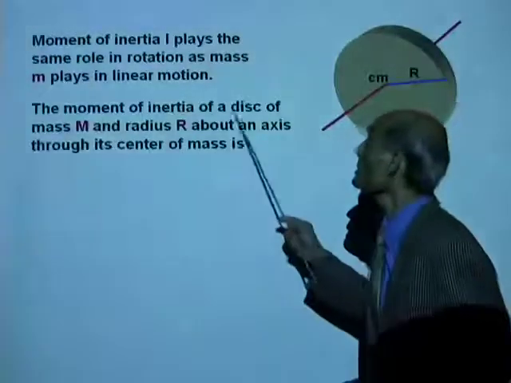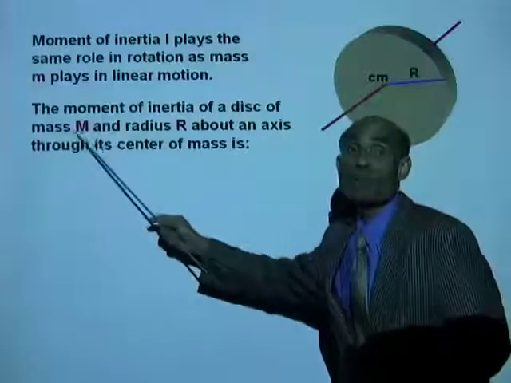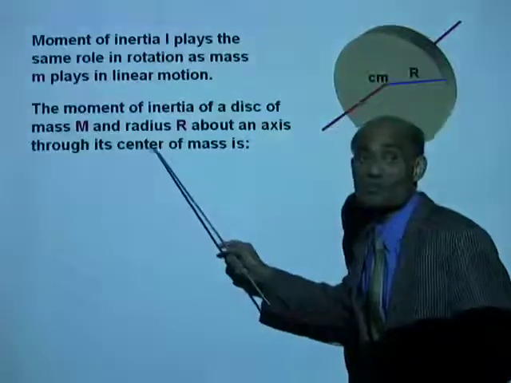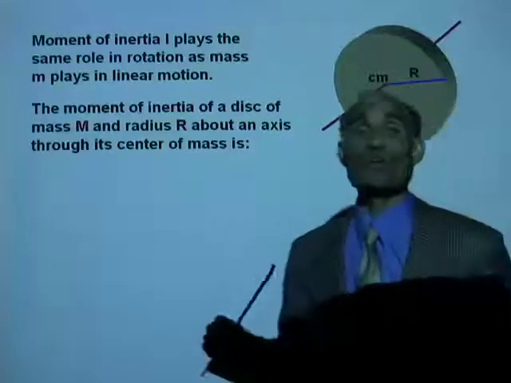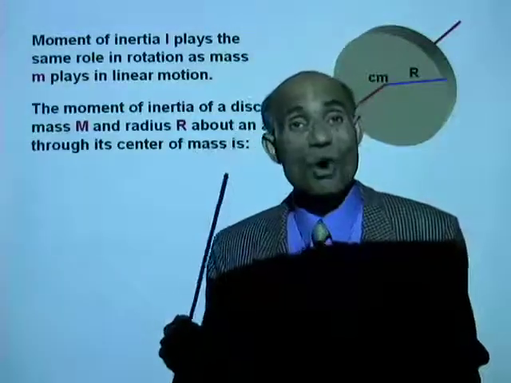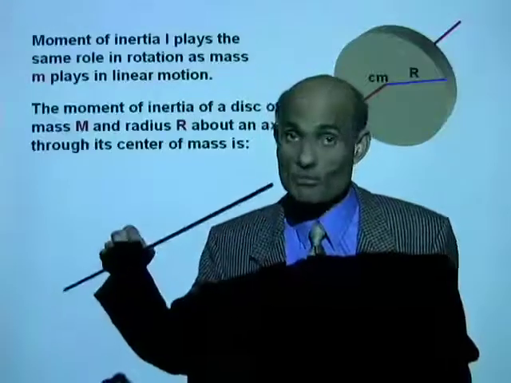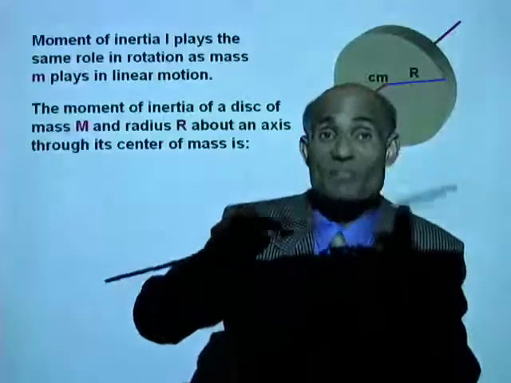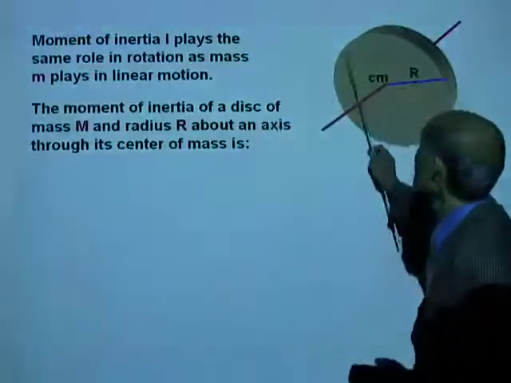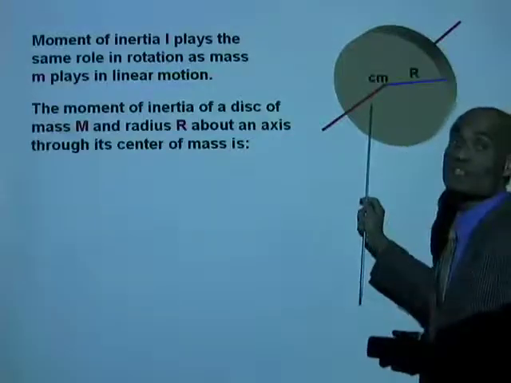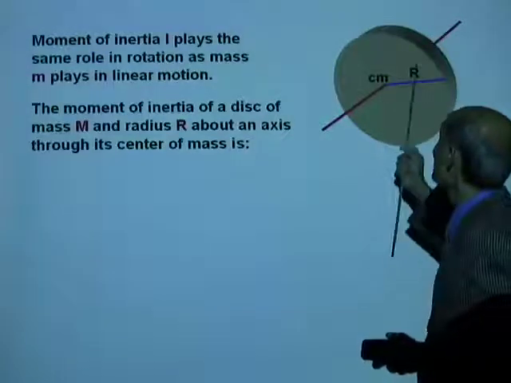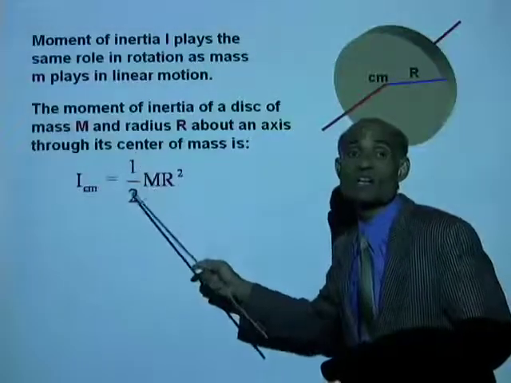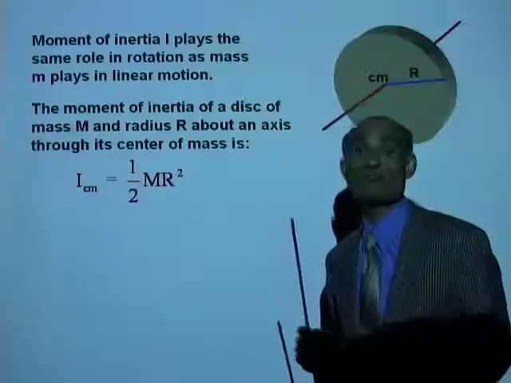The formulae I'm going to give you now are all the moments of inertia of regular objects about an axis that passes through their center of mass. What is the formula for the moment of inertia of a disk of mass m and radius r about an axis that passes through its center of mass? The formula is I center of mass equals 1/2 mr squared.